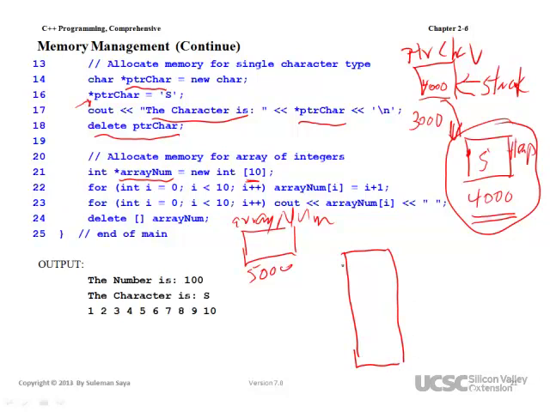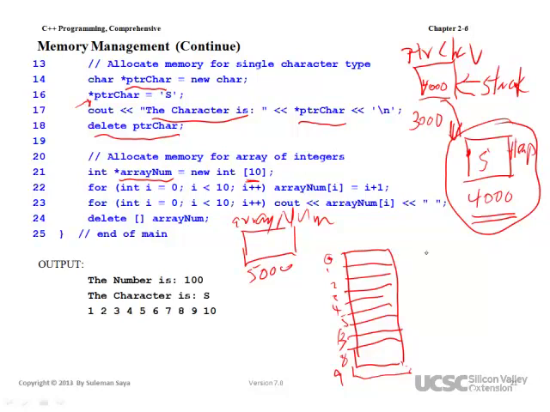So it will start from location 0, okay, and then 1, 2, 3, 4, 5, 6, 7, 8, and this is 9. Okay, so 0 to 9, which is 10.